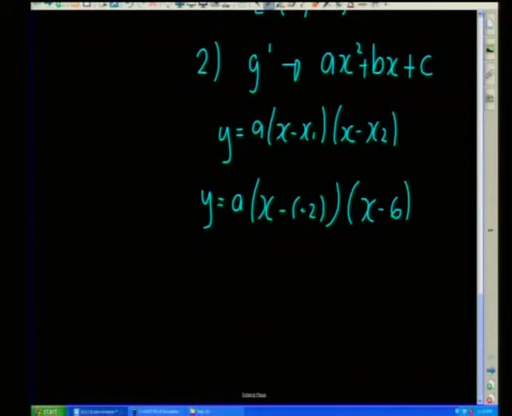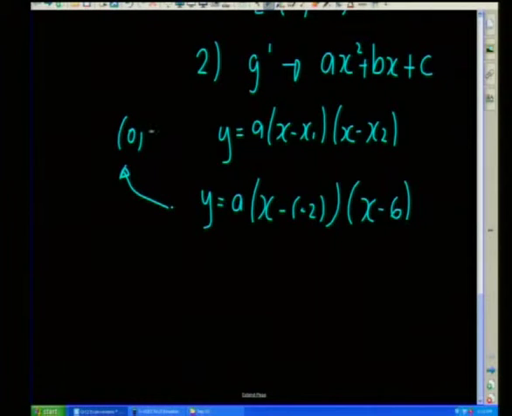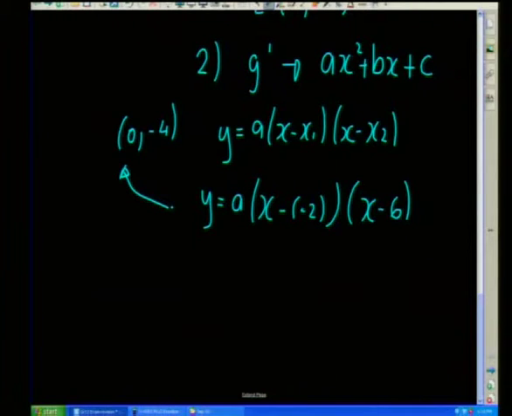The other point that lies on the graph, which we can use to substitute, is 0 and minus 4. Okay, so I can substitute x is 0, y is minus 4 into this equation and work out the value of a, because now a would be the only unknown. So therefore I get a times 0, minus times minus is a plus, so this would just be plus 2, and then 0 minus 6.